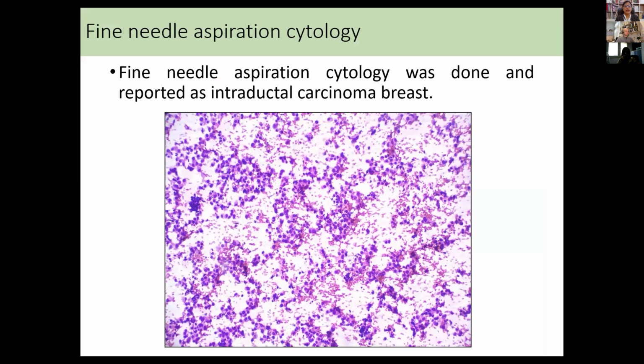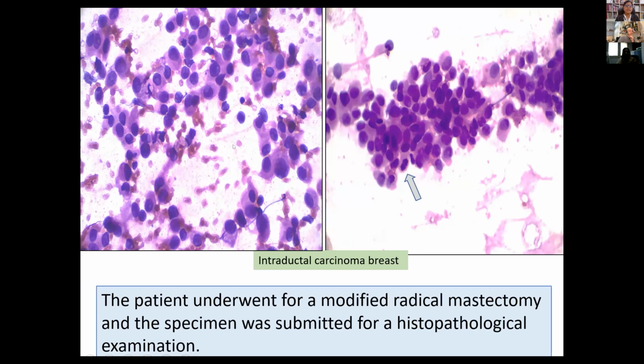And the FNA smear of this case, as you can see, this picture shows a hypercellular smear, with discretely scattered single cells in the background of hemorrhage. And this is the high power of the same.